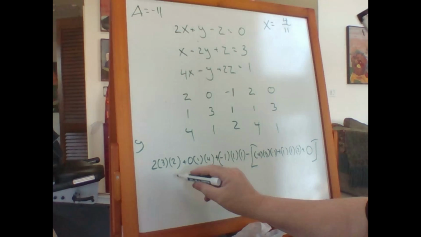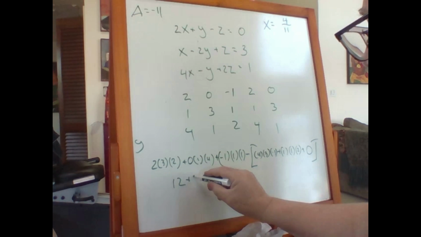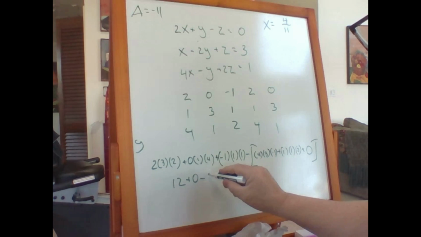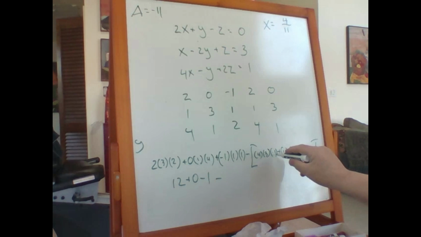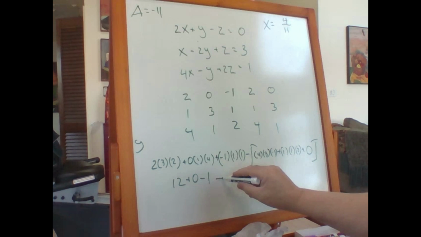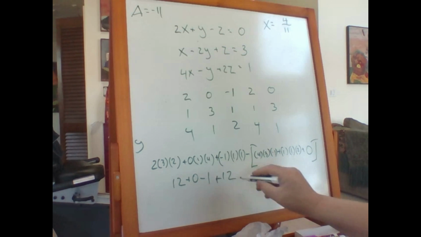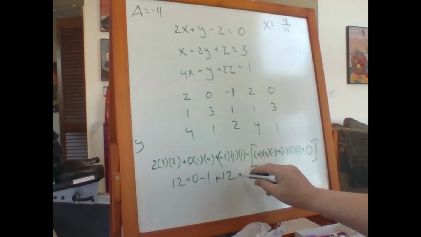Okay, so we got 4 times 3 is 12 plus 0 plus minus 1 minus, and that's minus 1 there. So we got plus 12 and we have minus 2.